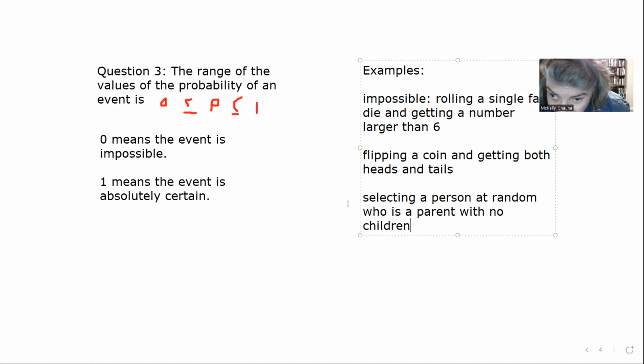This third one would be an example of a certain event. Okay, so these are impossible events. Let me put the certain events down here.